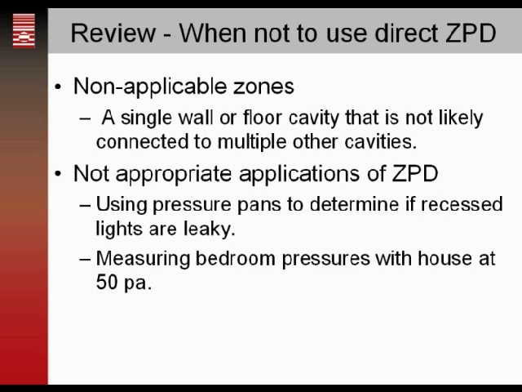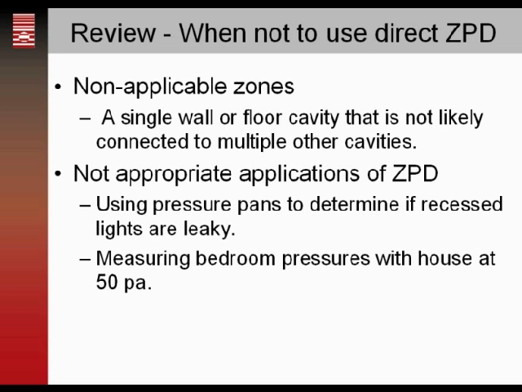And think about now, with that understanding of what these zone pressure diagnostic measurements mean, think about measuring bedroom pressures with the door between the bedroom and the main body of the house closed, and with the house at 50 pascals. So you have the blower door cruising at 50.